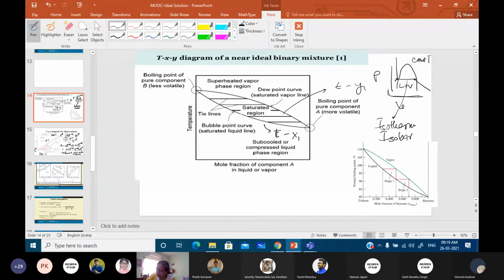And then when we enter this particular zone, we have a subcooled liquid. Here we have a subcooled liquid, we have a superheated vapor here. This is the liquid vapor two-phase zone, right? And here, if you remember, you must have already done this.